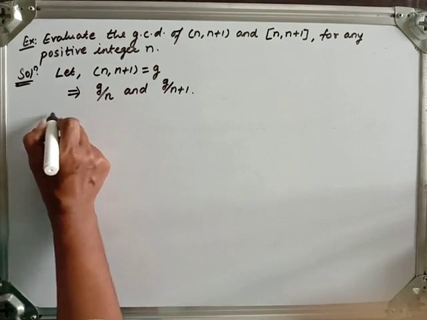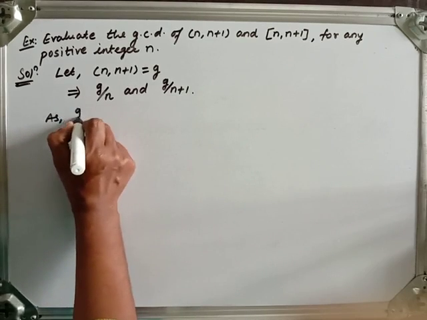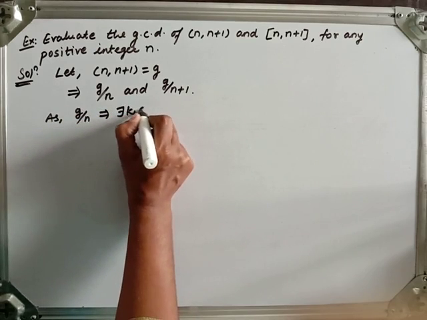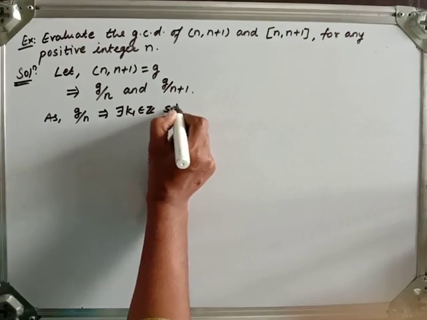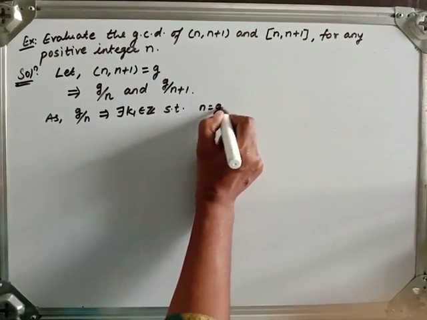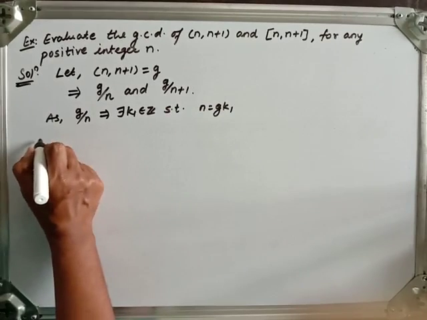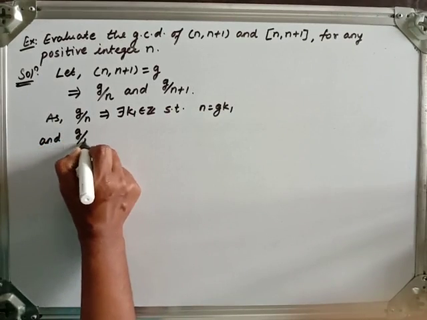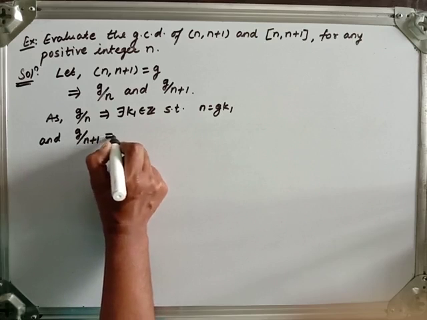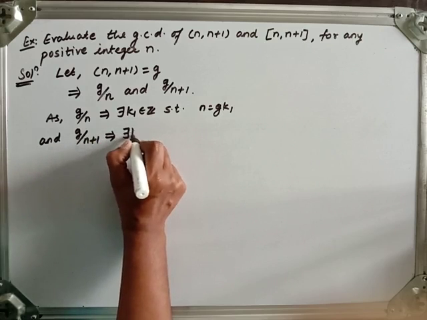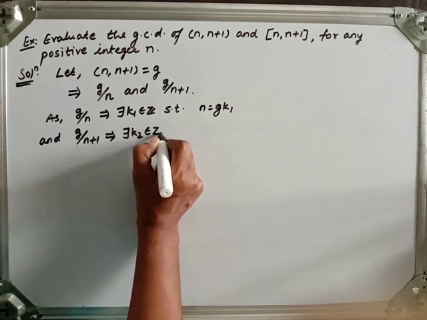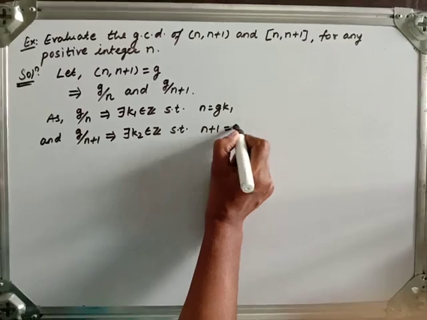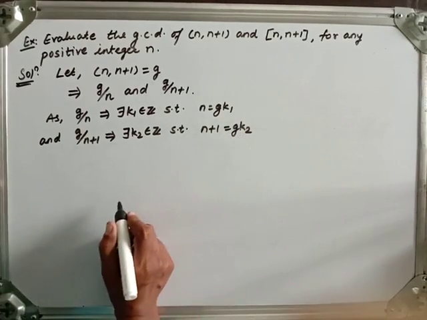So as G divides n, this says there exists some integer such that n is equal to G into that integer. Again G divides n plus 1, so this says there exists some integer such that n plus 1 is equal to G into that integer.